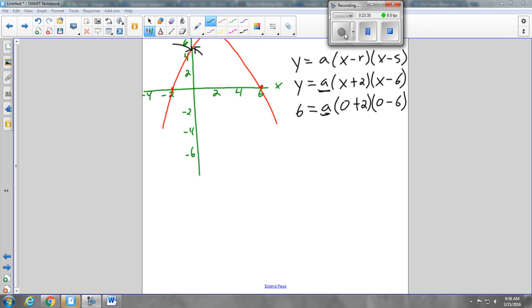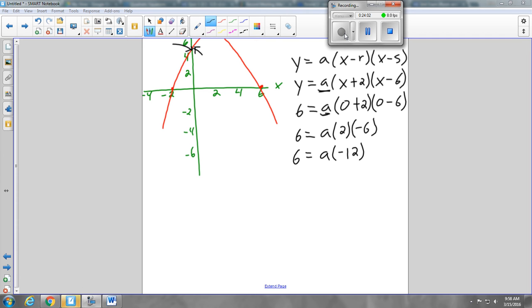So let's simplify our brackets. We have 6 is equal to a. 0 plus 2 is just 2. 0 minus 6 is -6. What we have left is 6 is equal to a times -12.